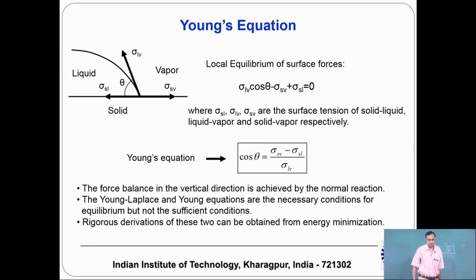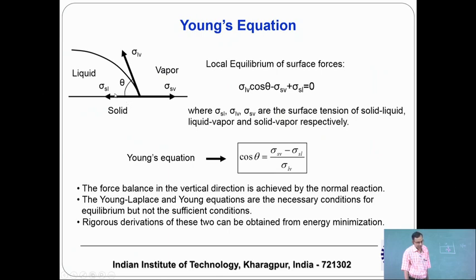There is another very famous equation called Young's equation, and this equation defines certain parameters, and one very important parameter is the contact angle. So, to understand what a contact angle is, let us refer to this figure. In this figure you have an interface. This is liquid, on the other side this is vapor, and the surface is a solid surface.